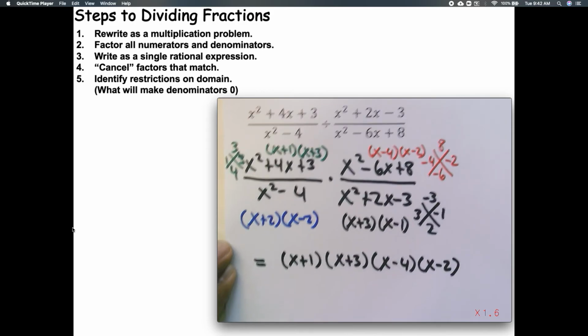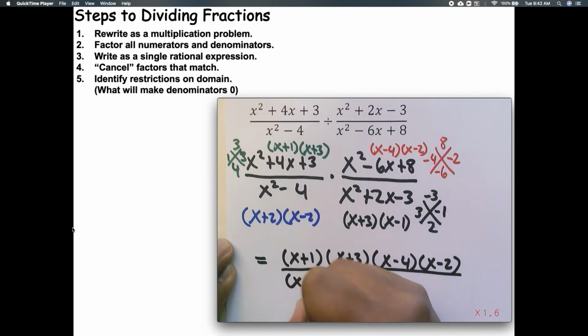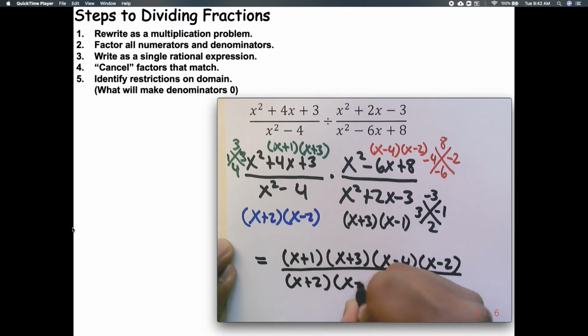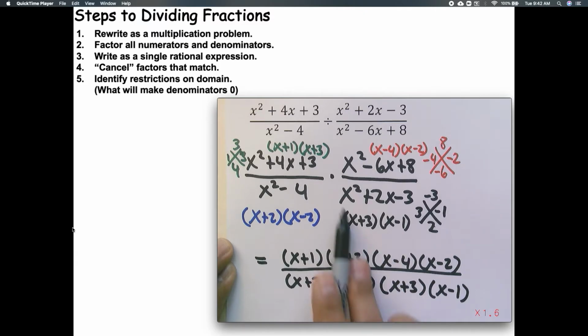The denominator is an x plus 2, an x minus 2, an x plus 3, and an x minus 1. So I just rewrote the whole denominator, factored parts on the bottom, with the numerator parts, the green one and the red one, up top.